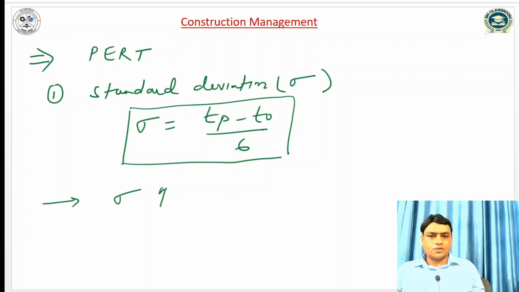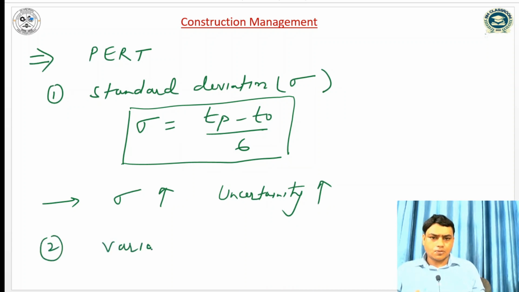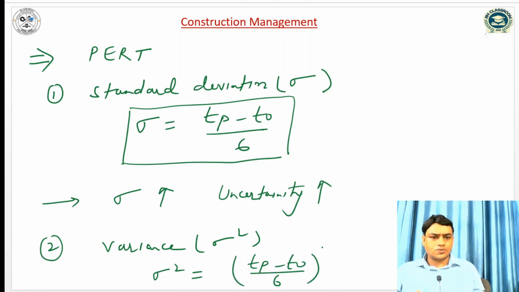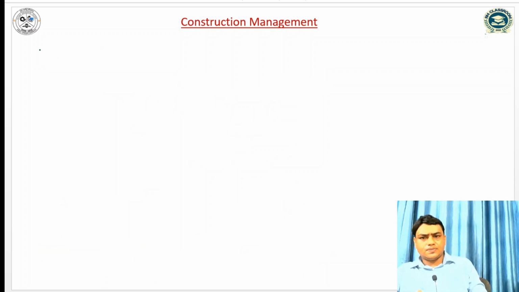Higher the value of sigma, higher the uncertainty to complete the project. Similarly, variance can be computed as sigma square is equal to Tp minus T0 by 6 whole square.